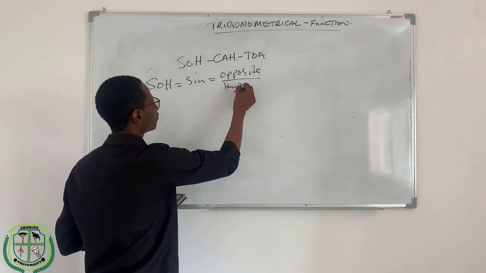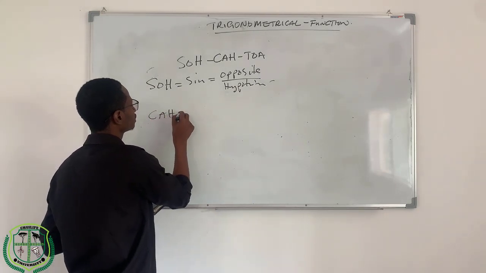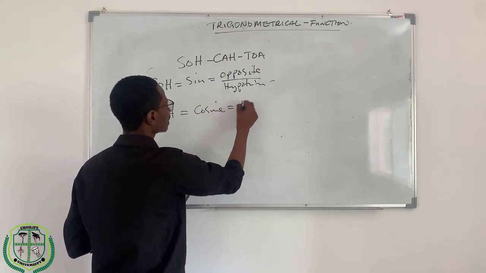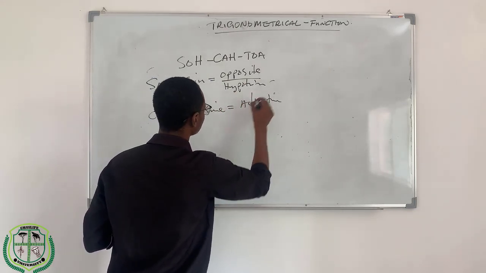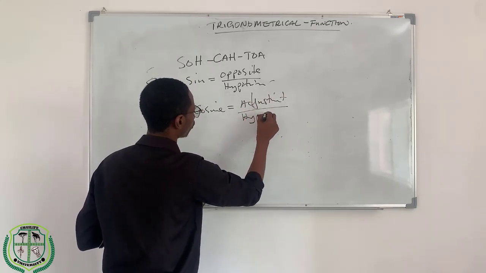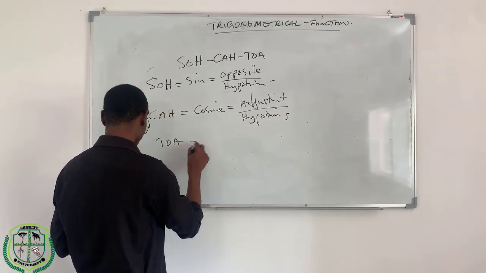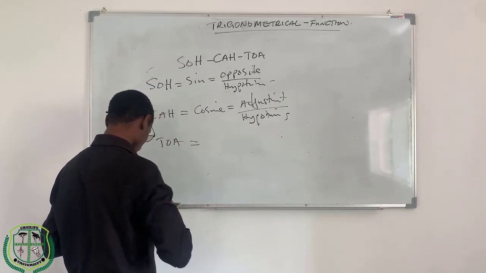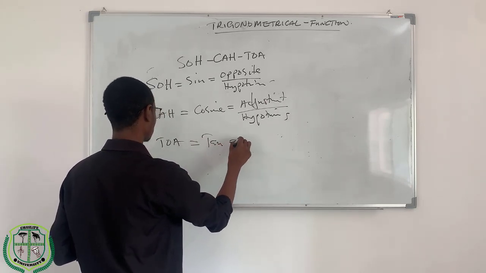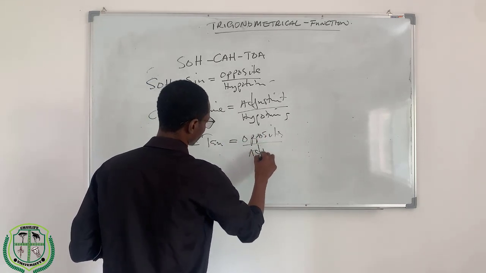Then CAH is cosine, which is equal to adjacent over hypotenuse. Then we've got tan theta, which is equal to opposite over adjacent.